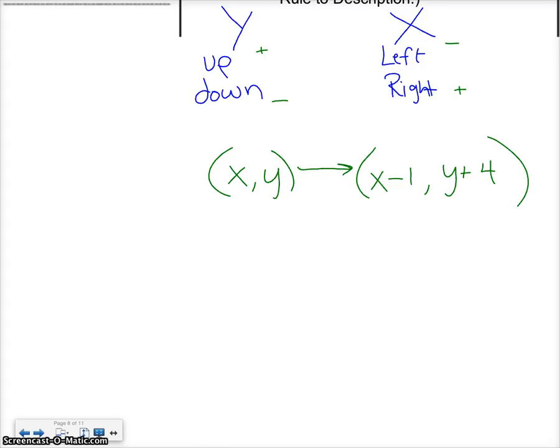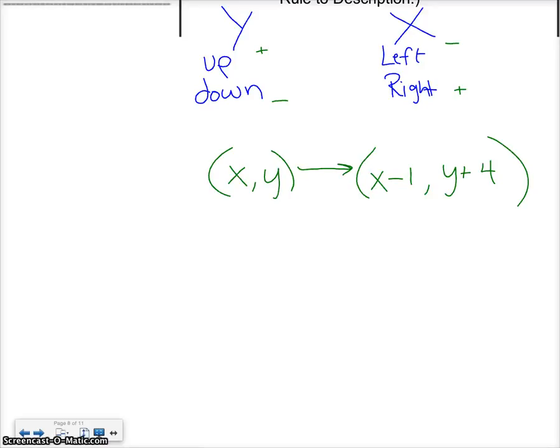So you need to write the rule down, and then we're going to deal with describing. So you write the rule down: x comma y slides to x minus 1, y plus 4. But what does that really mean? I need to describe what that really means.